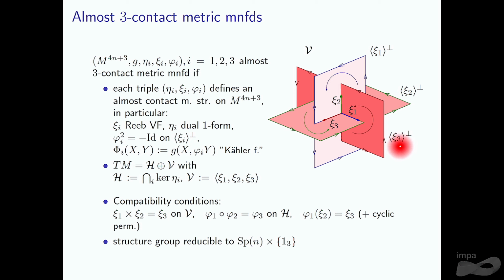We have the following situation in the vertical space, which is, by definition, anything spanned by the three Reeb vector fields. The three Reeb vector fields are orthogonal to each other, oriented in a positive way, and we have these almost complex structures on the orthogonal subspaces of the tangent space.